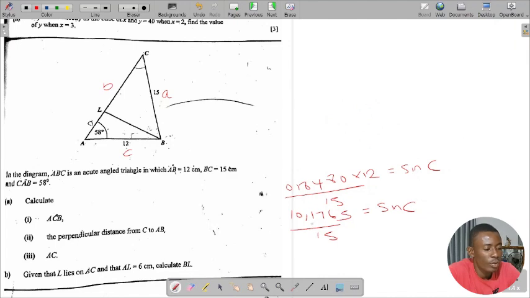So 10.1765 divided by 15 is 0.6784 is equals to sine C.